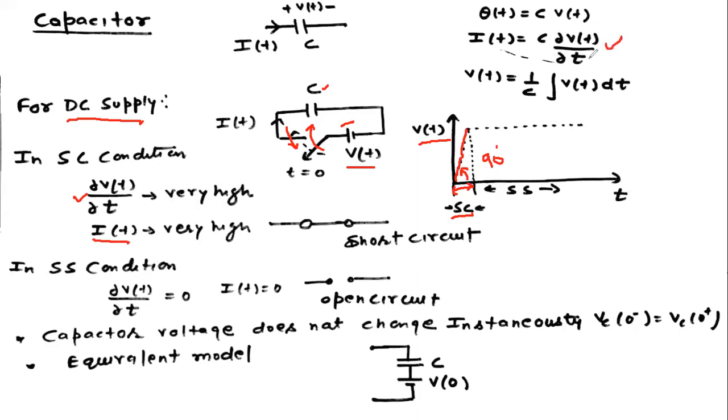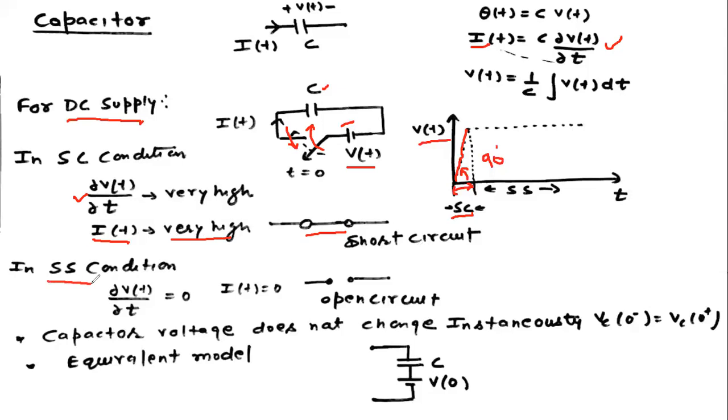So when dv(t)/dt is very high, this current i(t) is very high, and very high current means it works as a short circuit. So, important: capacitor works as a short circuit in the switching condition.